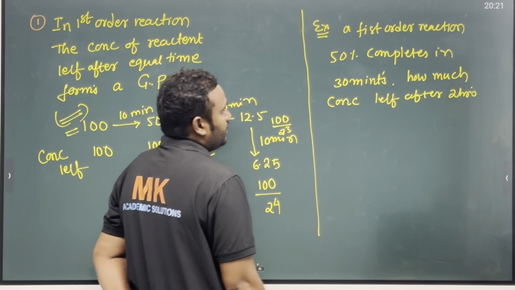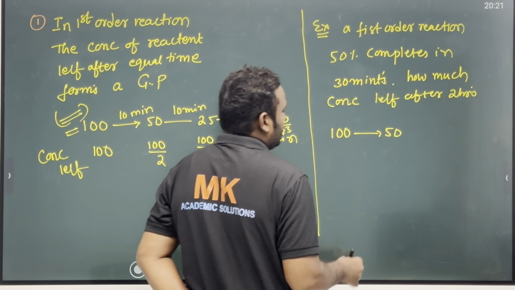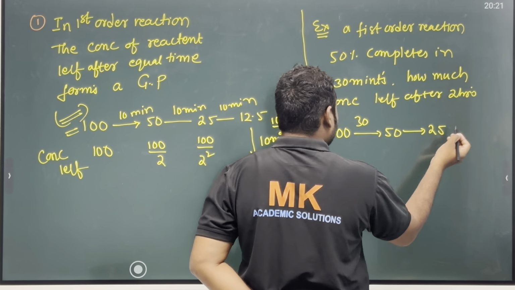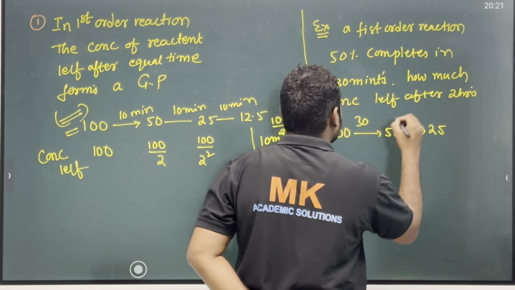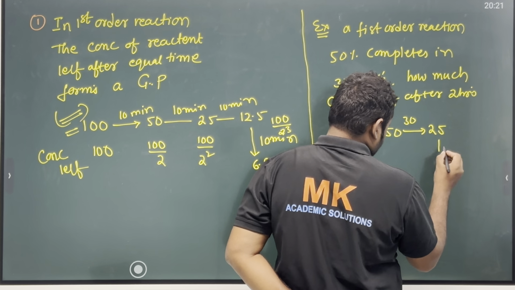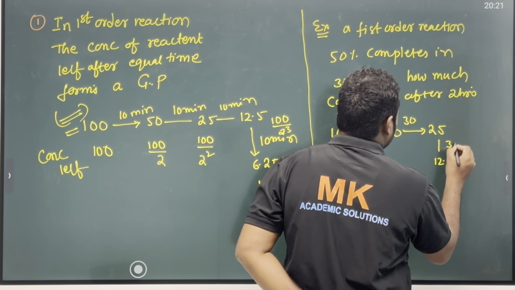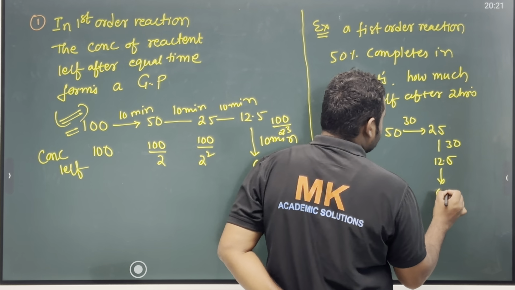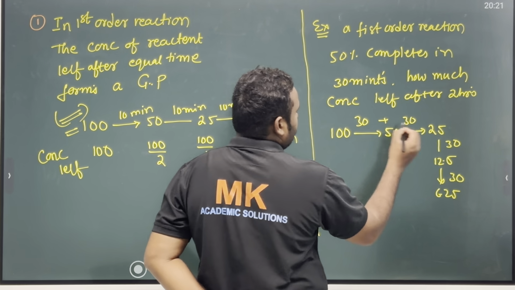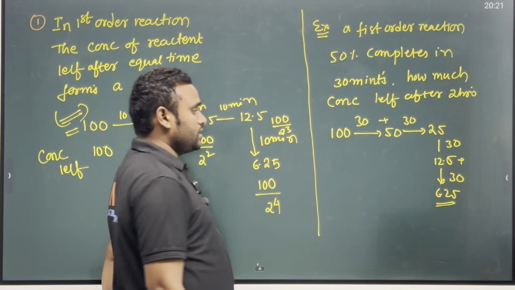Okay. So now how can we solve this? See here 100% to 50%, how much time is it taking? 30 minutes. 50 to 25%, it is also one half, this is also 30 minutes. Okay. 25 to 12.5, this also will take 30 minutes. 12.5 to 6.25, this is also 30 minutes. Okay. So here 30 plus 30 is 1 hour, this is also 1 hour, total 2 hours. So how much concentration is left?